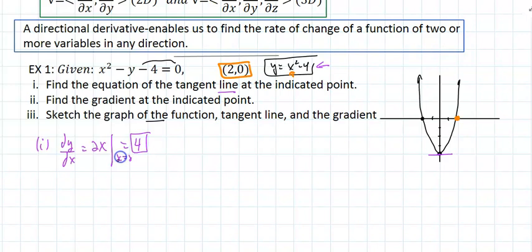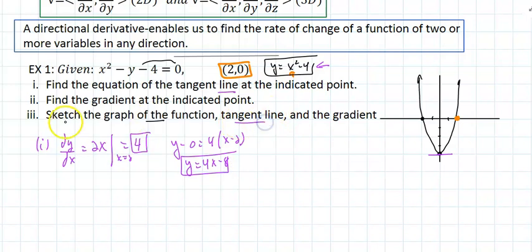Now that I have a value, I could say the velocity is 4 for this function at t equals 2 seconds or 2 minutes. I could now apply it to many things. Find an equation of the tangent. The equation of a tangent is y minus y1 equals m times x minus x1. So I could easily say y equals 4x minus 8 is the equation of the tangent.